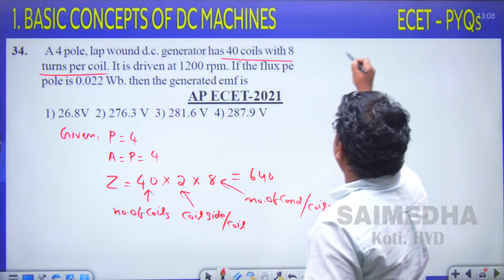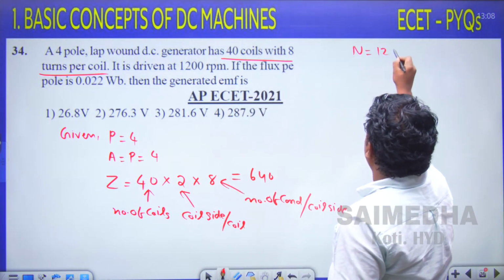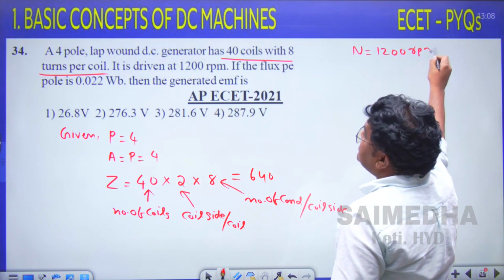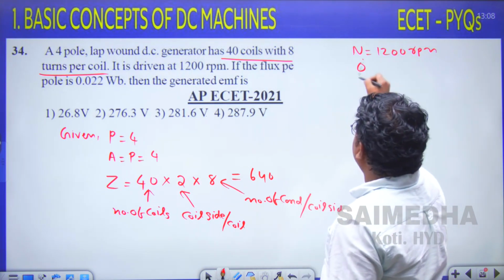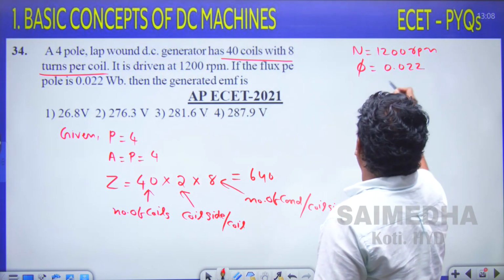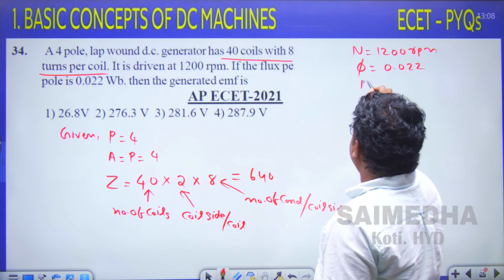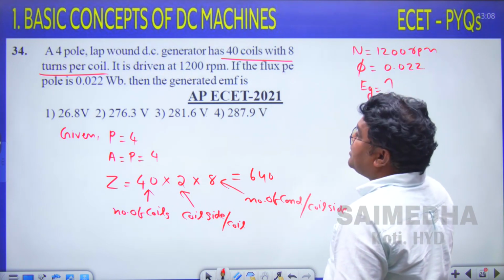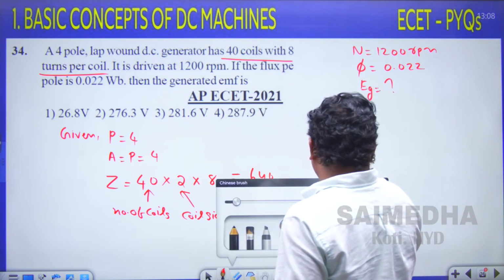Also mention that N is equal to 1200 RPM, the speed of the generator, and flux per pole is equal to 0.022 Webers, and we require the generated voltage of the generator. How do we find the generated voltage?